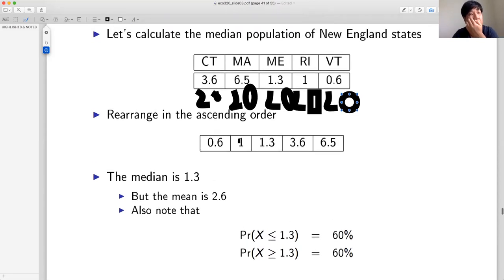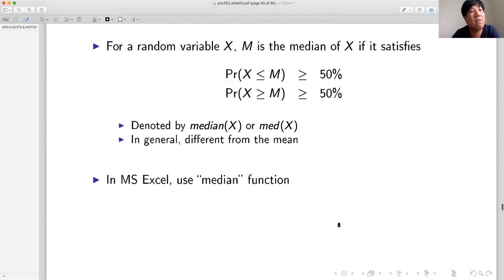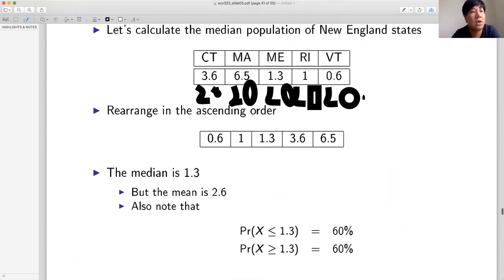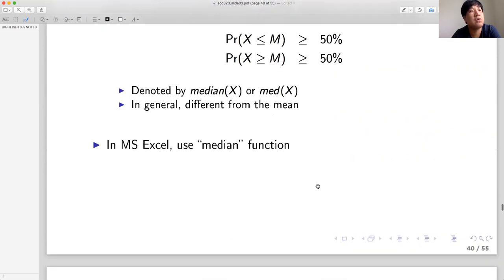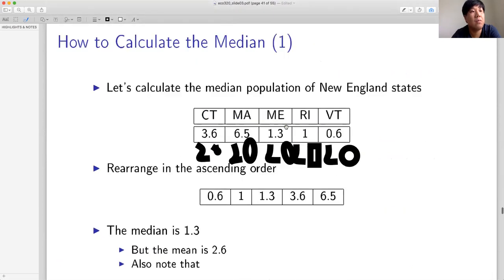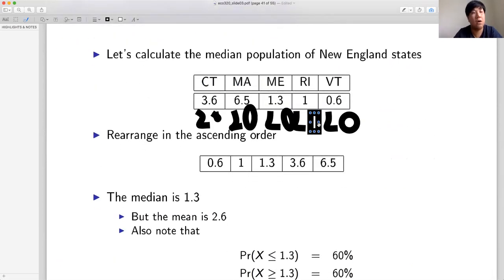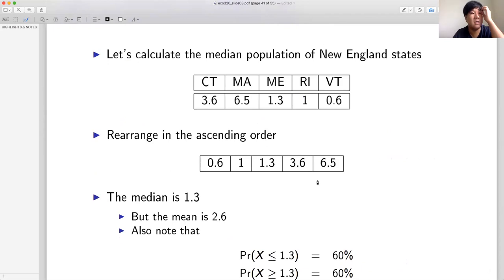You can try 1. For example, the probability that x is less than or equal to 1 is what? 20% plus 20%, it's 40%, which is less than 50%, so it doesn't satisfy the first equation, so it's not working. You can try the other values, but only 1.3 will satisfy this equation. So this is very important. It's going to be in your homework, and potentially I'm going to ask in the exam.